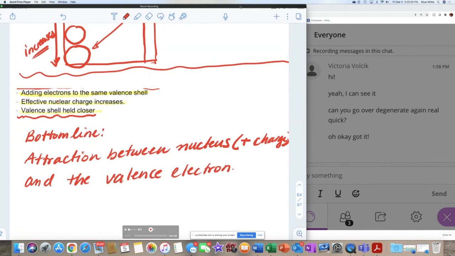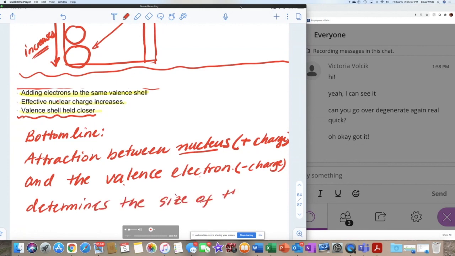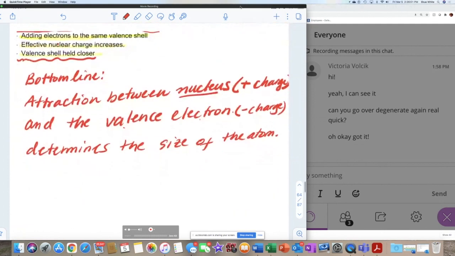It will be like the last electron that actually got assigned to the atom. So this is the one on the valence level, very, very far from the nucleus. So the attraction between the nucleus and the valence electron, that is, remember, negative charge, determines the size of the atom. Okay, this is the bottom line.